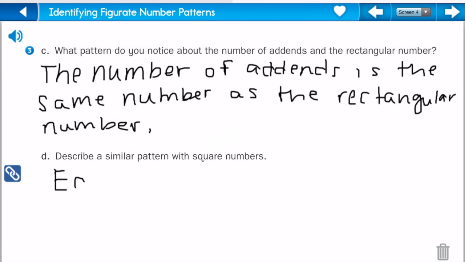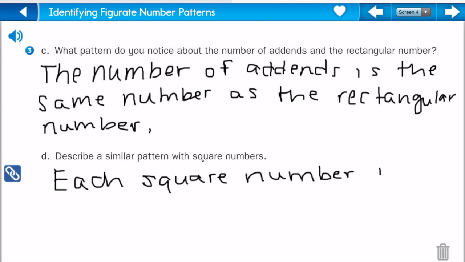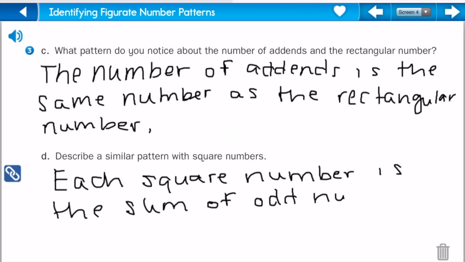So each square number is the sum of odd numbers.